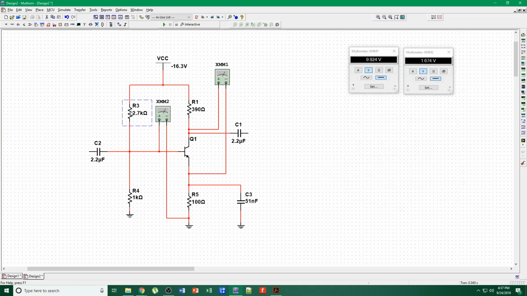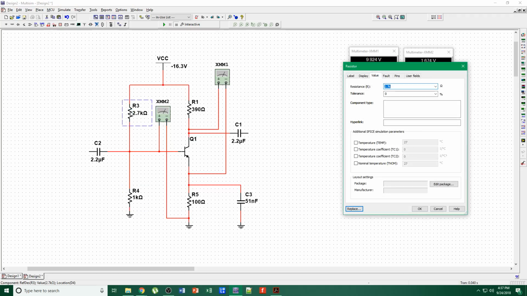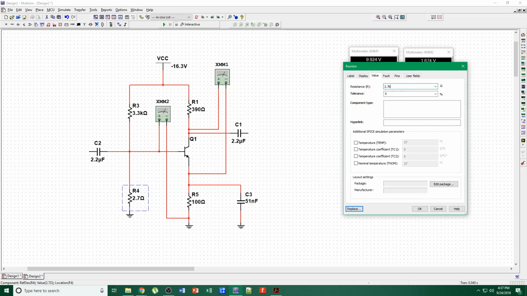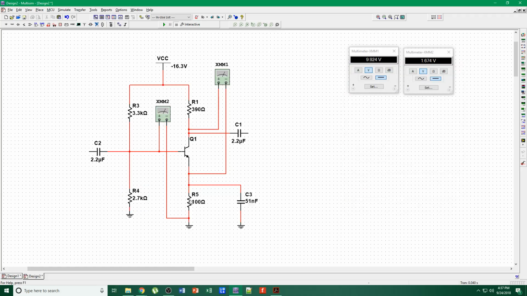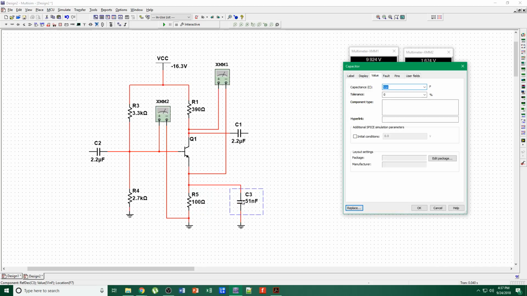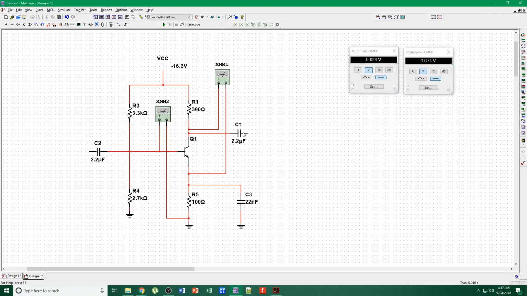Actually, no. This is 3.3K, because it's upside down, so 2.7K goes here, 3.3K, not 2.7 ohms. This resistance is the same. This gain cap becomes 22 nanofarad. These are the same. And yeah, alright, so let's try it.